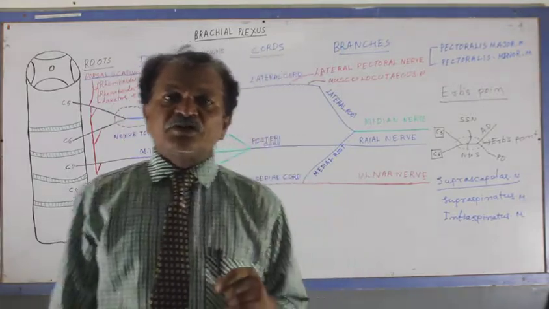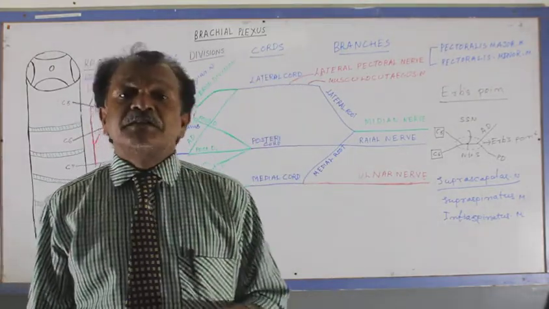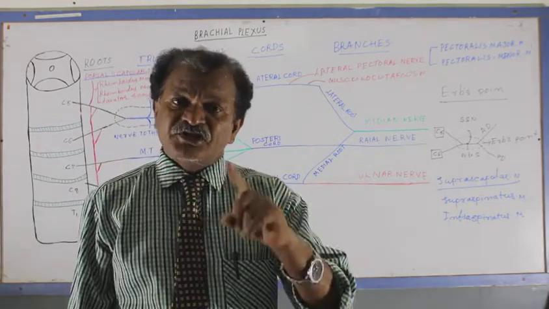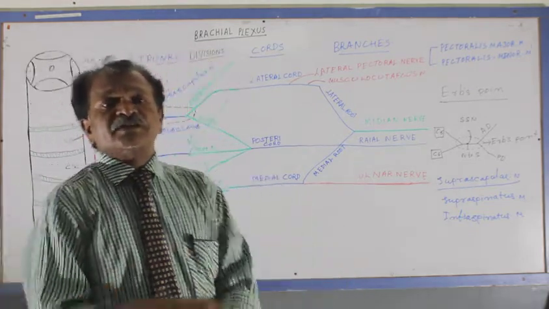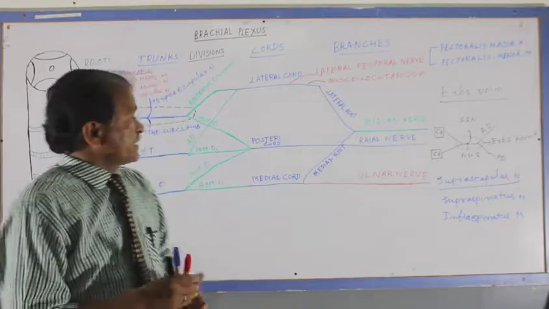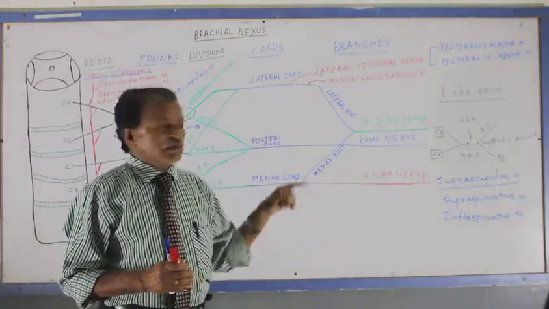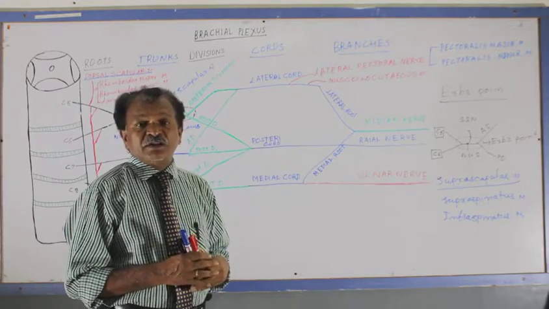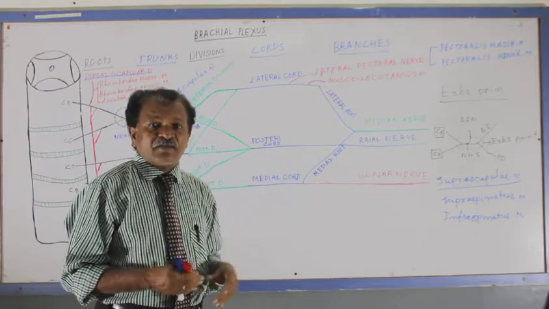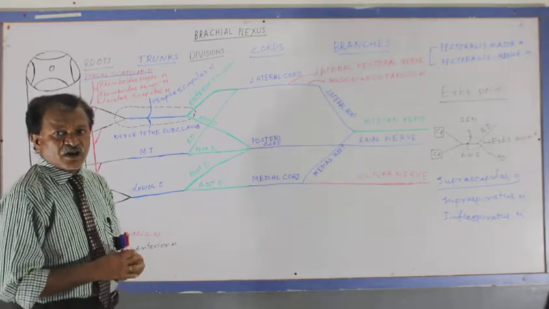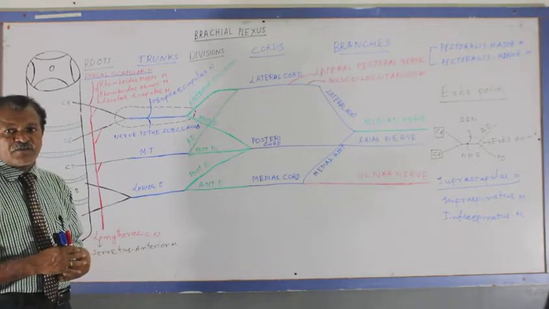The union of the 6 means there is C5 and C6, the suprascapular nerve, the nerve to the subclavius, the anterior division of the upper trunk and the posterior division of the upper trunk.